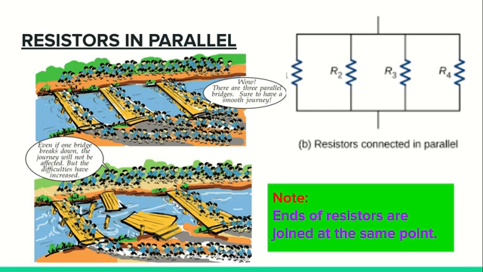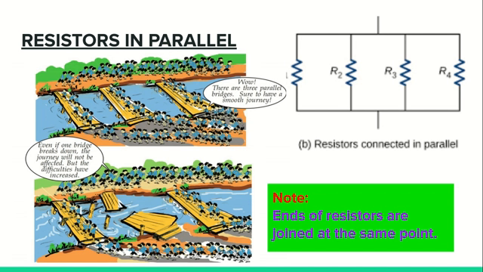Let us consider the second situation where the children had to cross a river using 3 different bridges. Similarly, when the 3 resistors or 4 resistors are connected as the bridges, you say it as resistors in parallel.